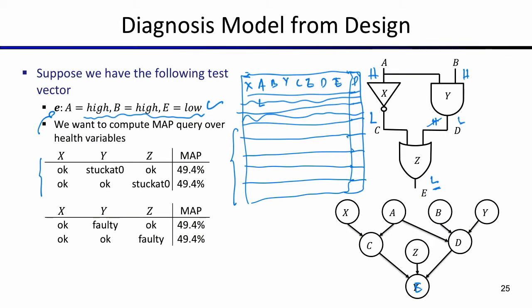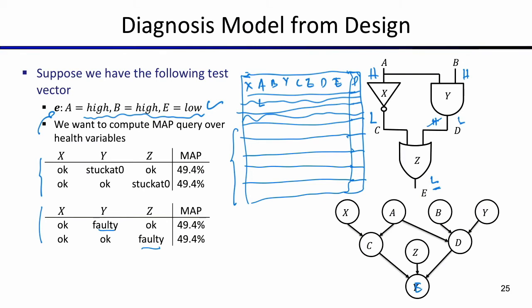And in the model where we have just faulty or okay, the explanation is similar. It's saying that Y is faulty or Z is faulty, blaming the same two gates. So with this answer, we could go directly to the Y and Z gates, which are the most likely source of the problem, and replace them.